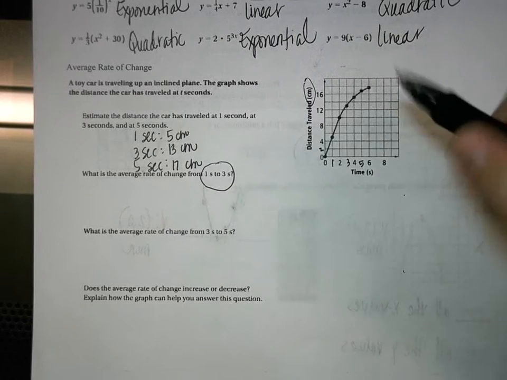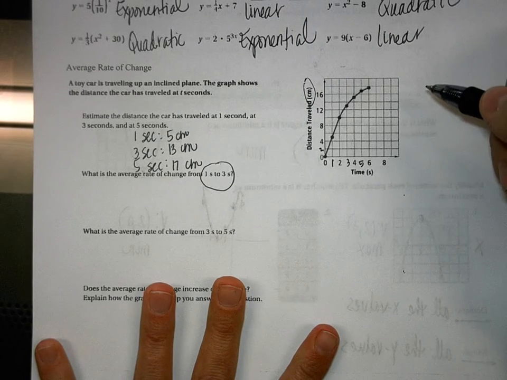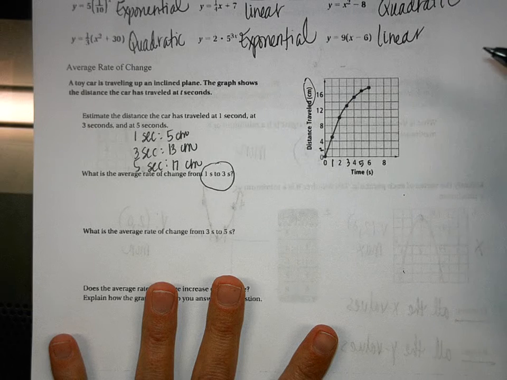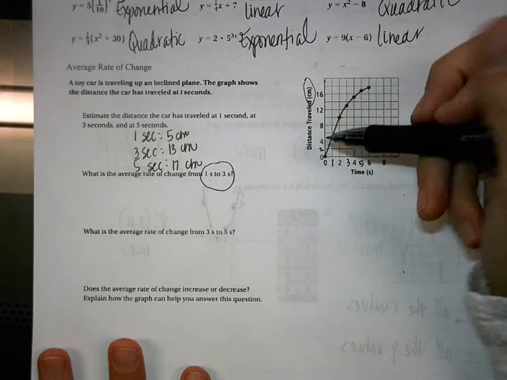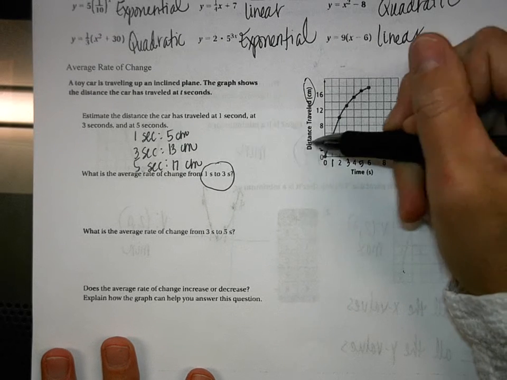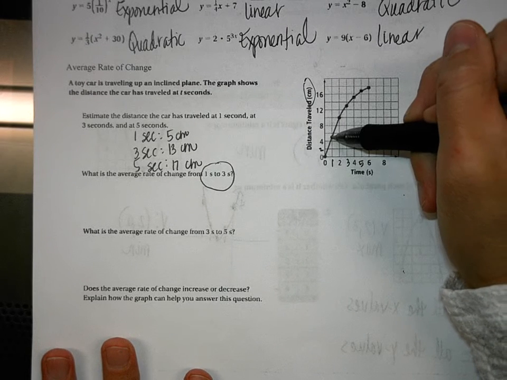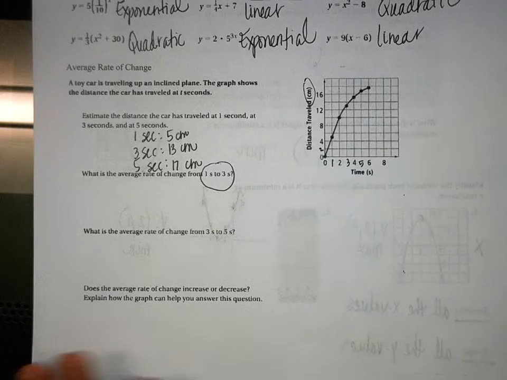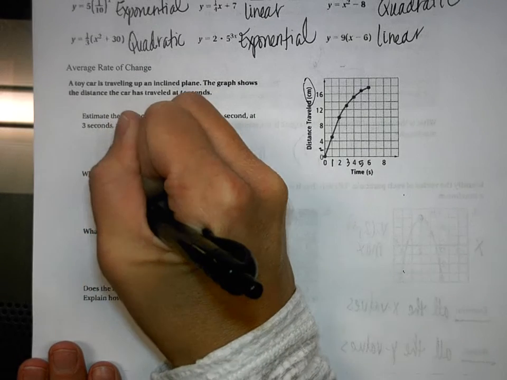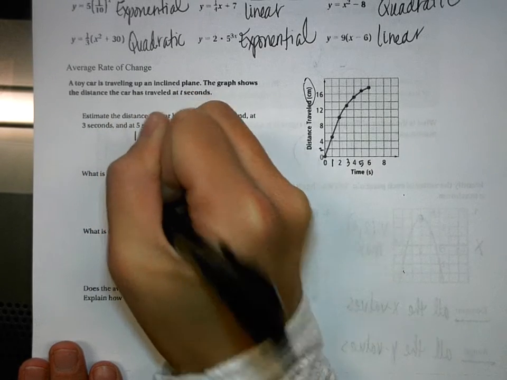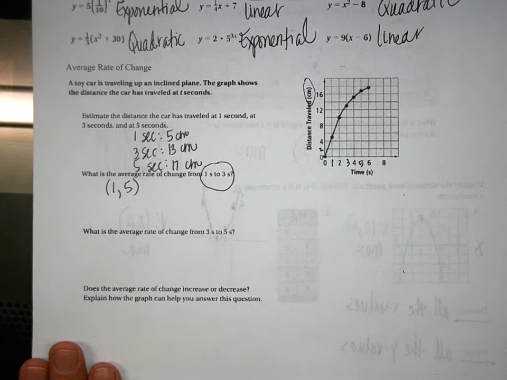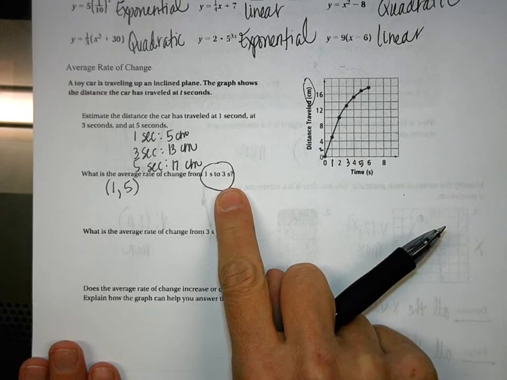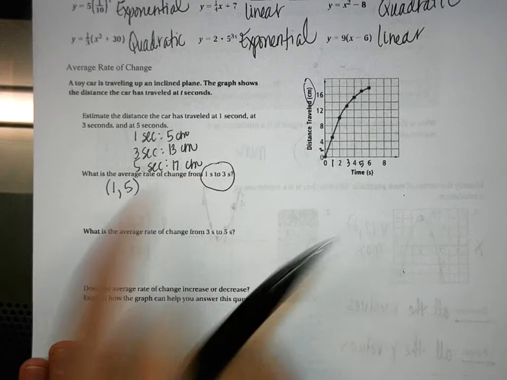Normally, average rate of change is dealing with like your slope, like what's happening between those numbers. Okay, and so what I'm going to do is I'm going to take, this is basically an ordered pair. So at 1 second, the ordered pair is 1, 5, which we got that information right there, correct? 3 seconds, it's at 3 and 13.